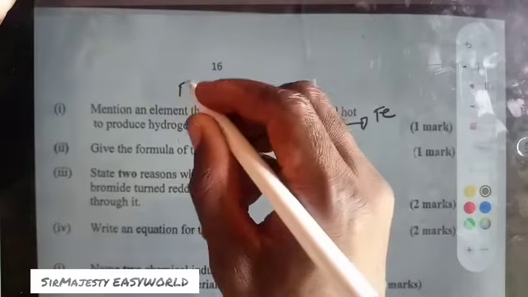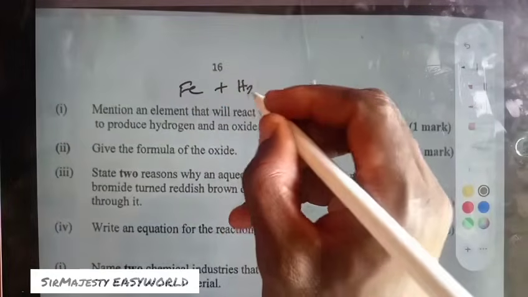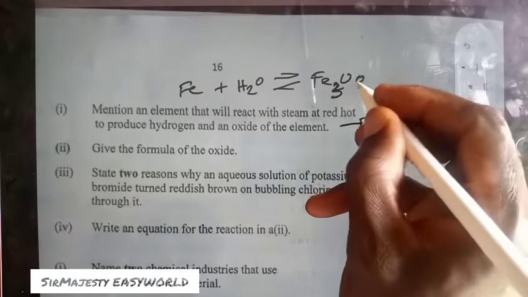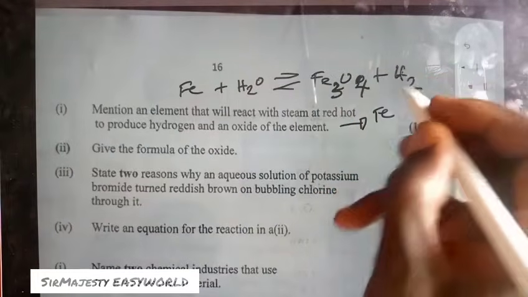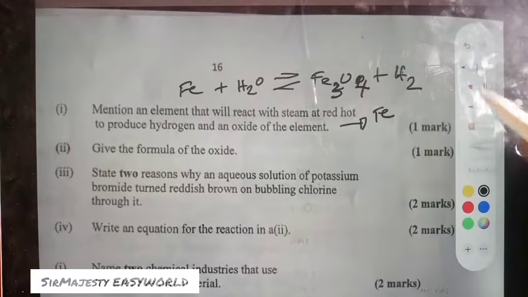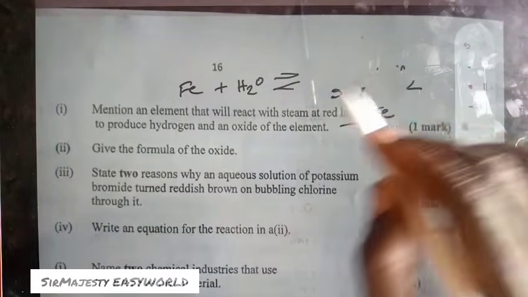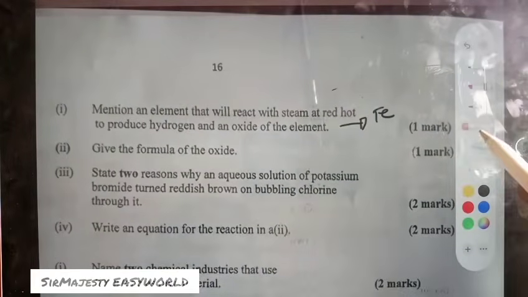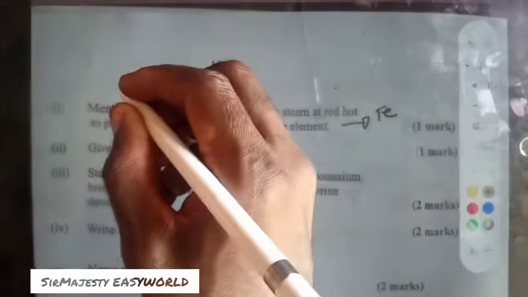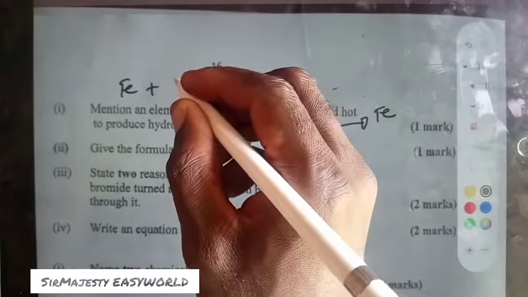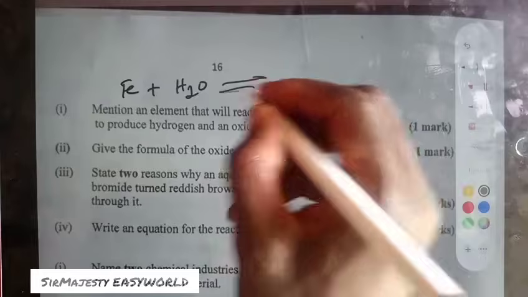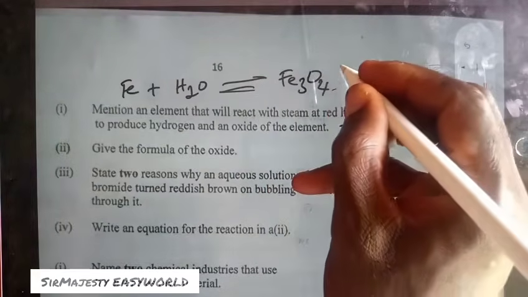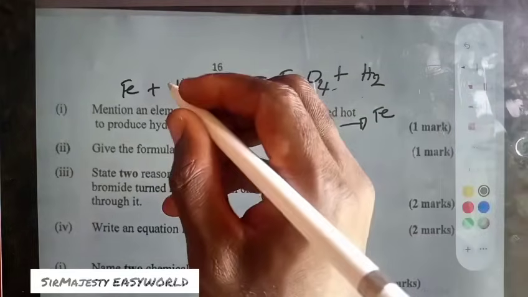Remember that when iron reacts with steam, Fe plus H2O is a reversible reaction. It will give you iron(II) diiron(III) oxide plus hydrogen gas. Because of this 4 we put 4 here.